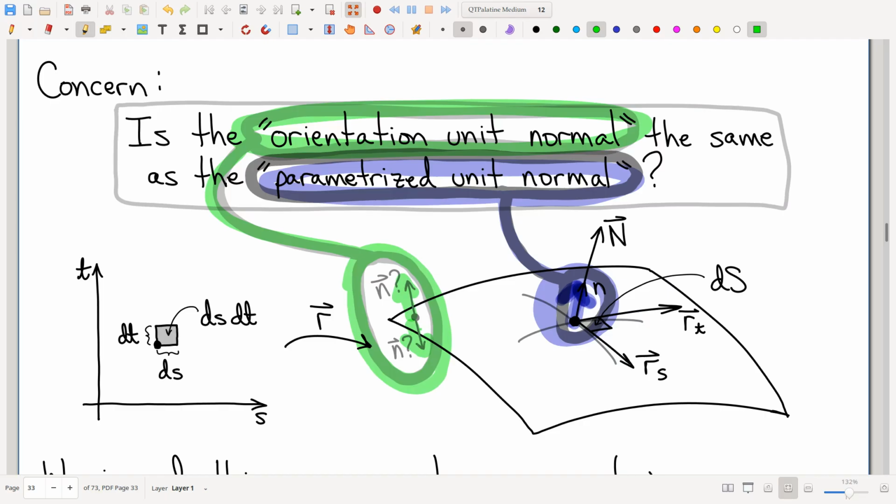But if someone says, hey, compute the flux through a surface, it's got to be an oriented surface. It's not a well-posed question if the question does not, in some way or another, explicitly or implicitly indicate what the orientation is that is the correct positive direction.